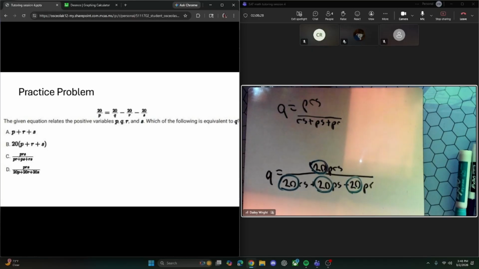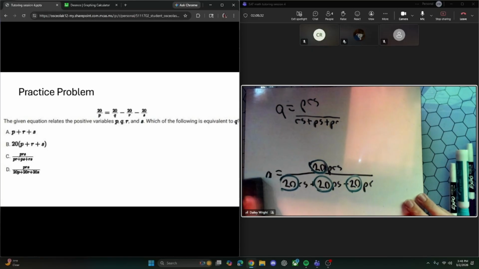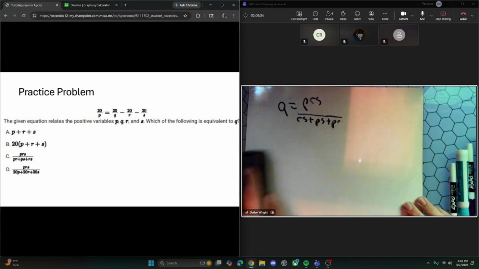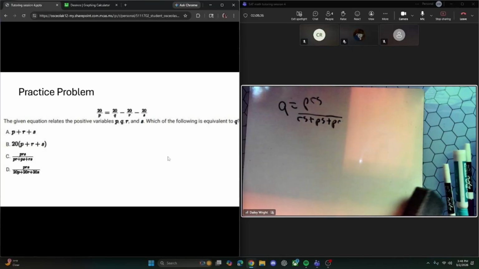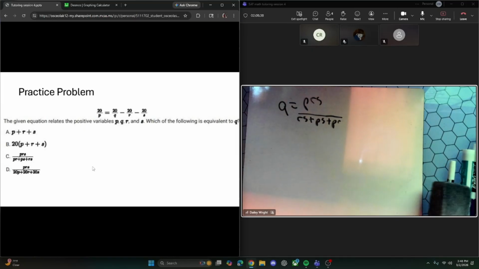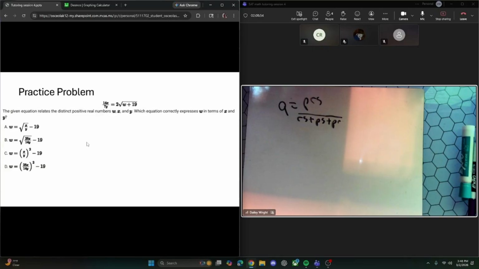But your answer is going to be C. With these things, the hardest part is going to be finding the variable by itself. Once you can get the variable by itself, you're able to take out a GCF, multiply by some random factor, and turn it into one of the answer choices.